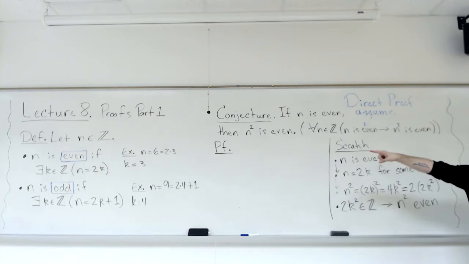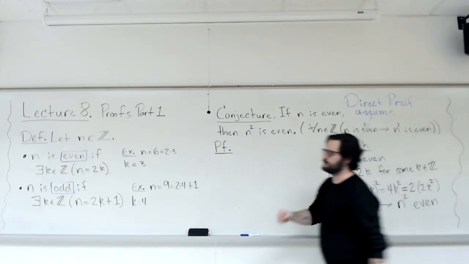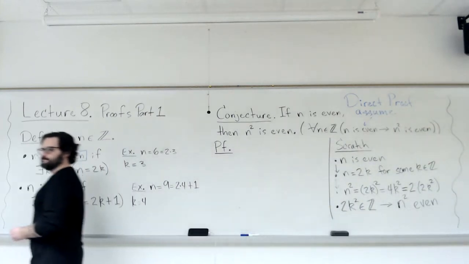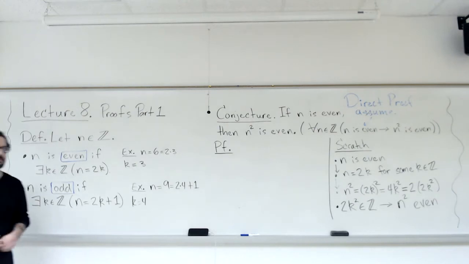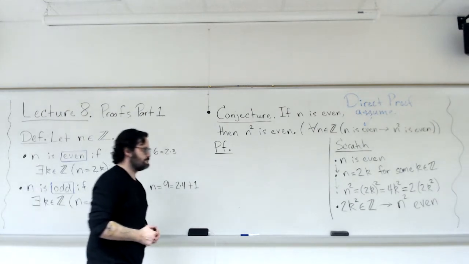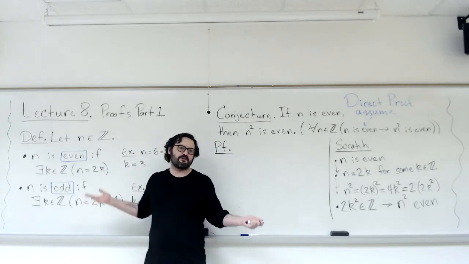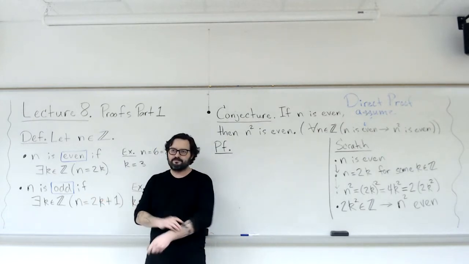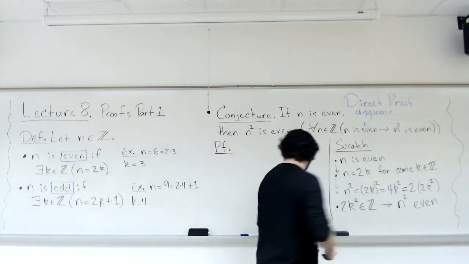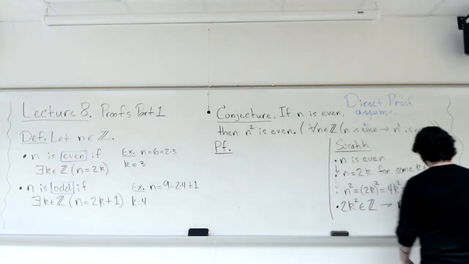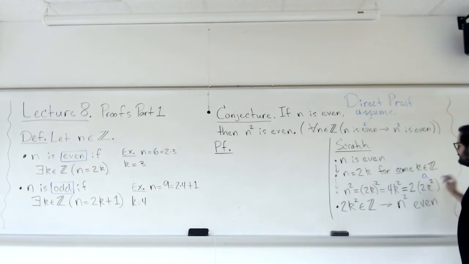I showed the existence of this in the definition. Don't get too hung up on the k. You can use whatever variable you want, right? If I wanted to be very specific, I could say this thing was equal to a, and then it's 2 times a, and a is an integer, whatever, right?